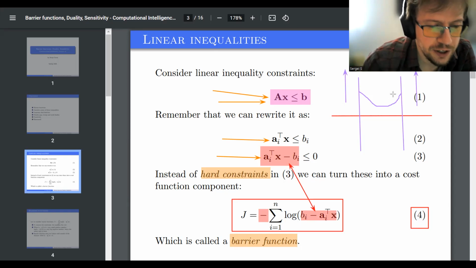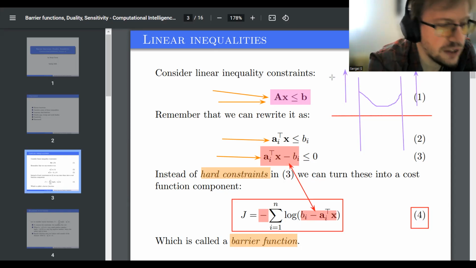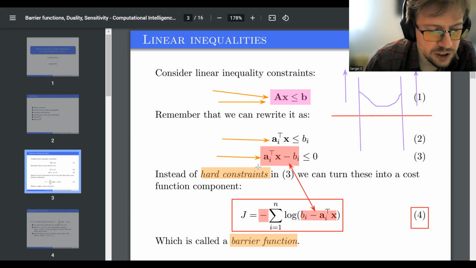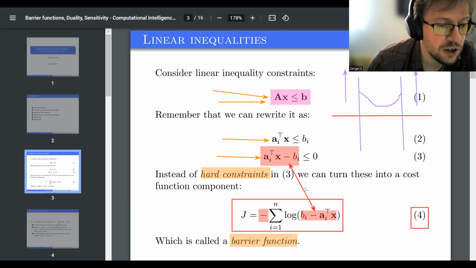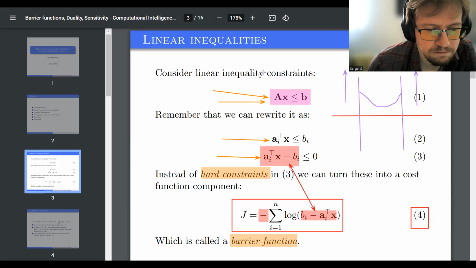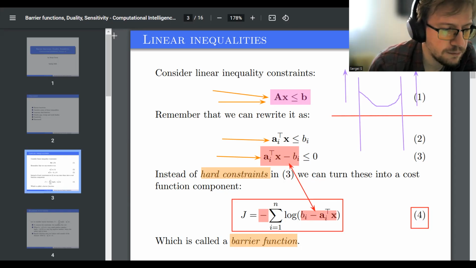If naturally it only has value on this part, everywhere else we'll say it is equal to infinity, and that is the extension. We can do the same with log, and then the barrier function will be equal to infinity everywhere outside the domain. So that is that. All right. This is a convex function, by the way.